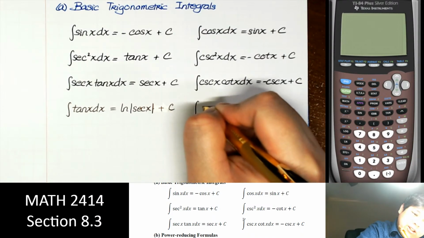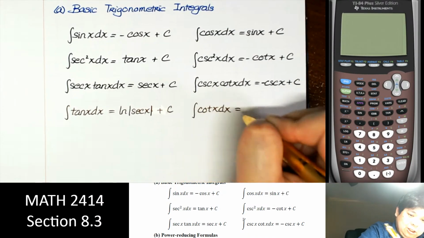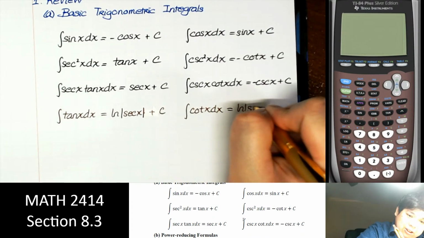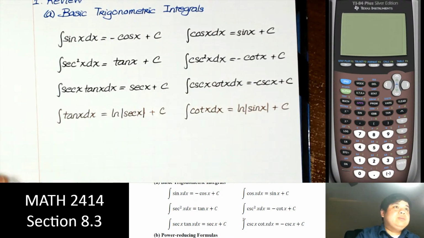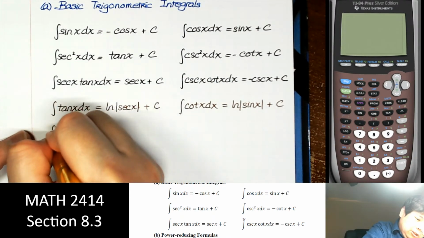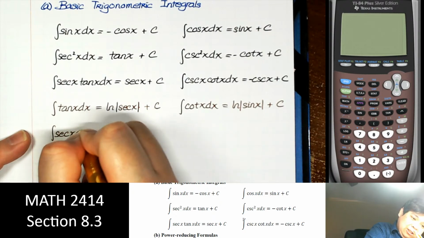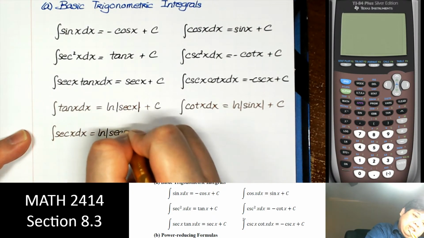Cotangent x is ln of sin x. Secant x is ln of secant plus tangent.